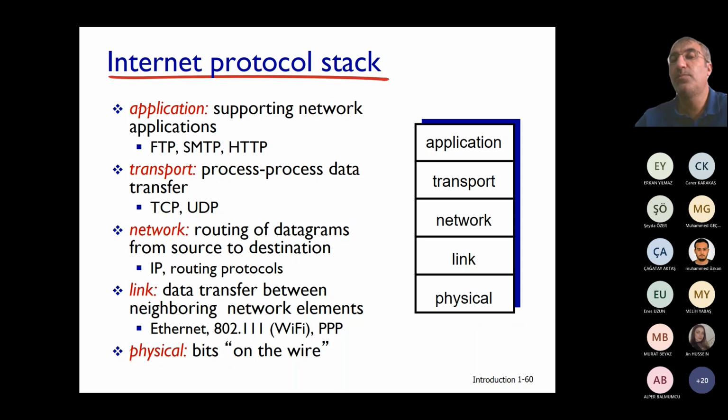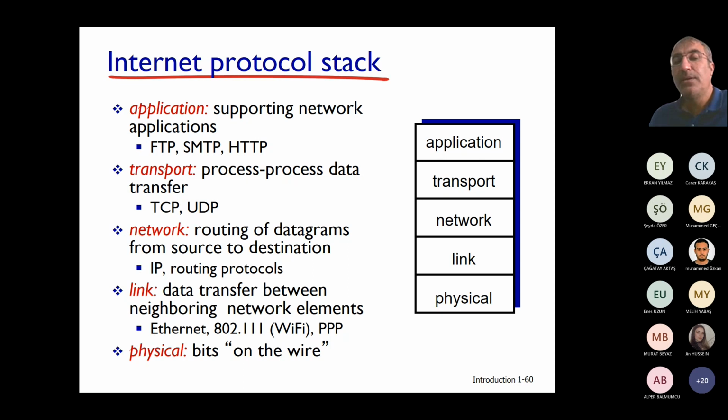It's responsible for process-to-process data transfer using a specific protocol such as TCP/UDP. Then we have the network layer, which is just responsible for routing the datagrams from source to destination using IP or routing protocols.